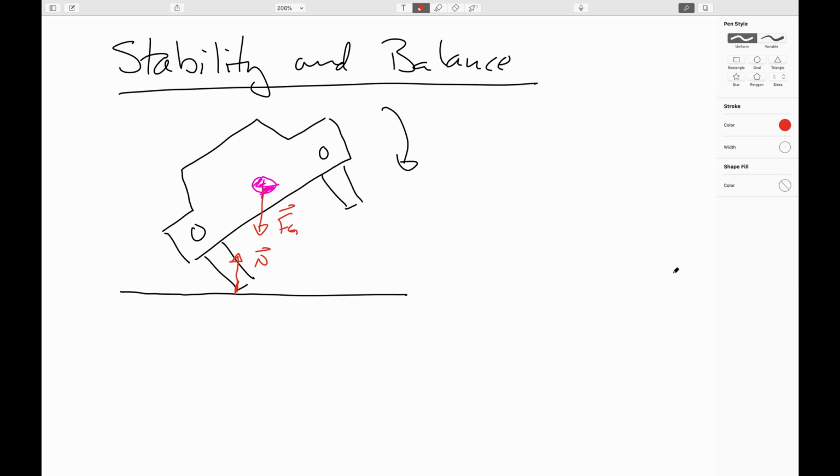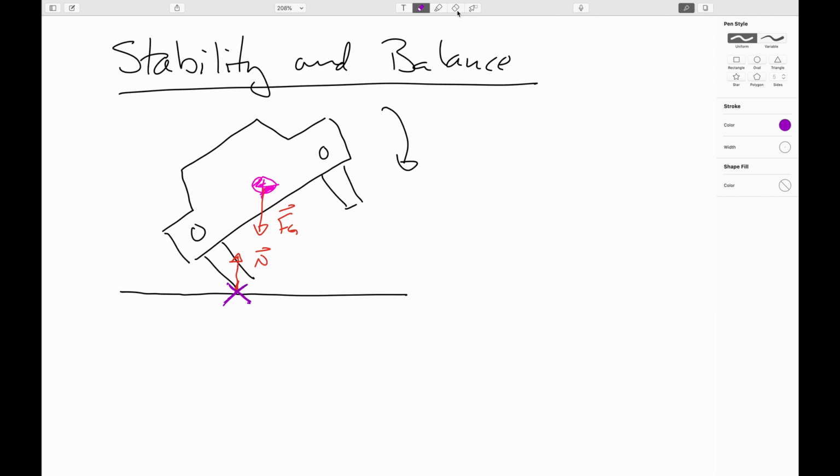As drawn here, it would probably make the most sense to put our axis of rotation here. So we would have no torque due to the normal force about this axis. And we would see that we would indeed have a clockwise torque due to gravity about this axis. And so hopefully the car will come back down right side up. No guarantees about how the suspension is going to do, but at least you avoided having a rollover.